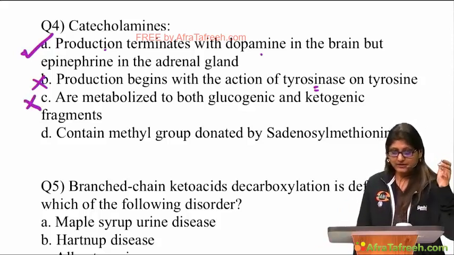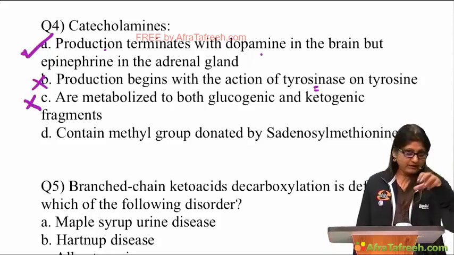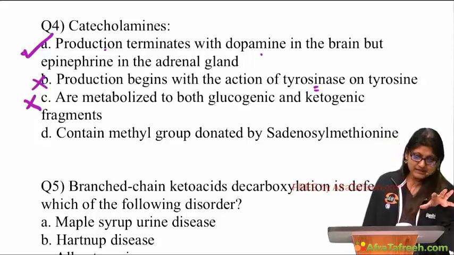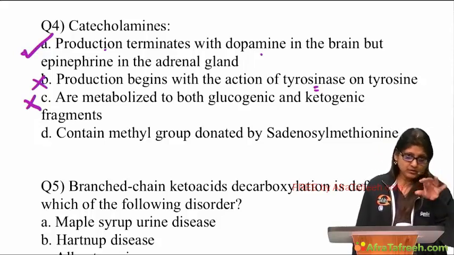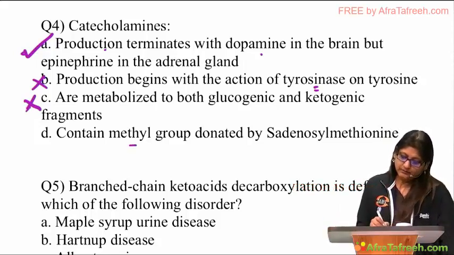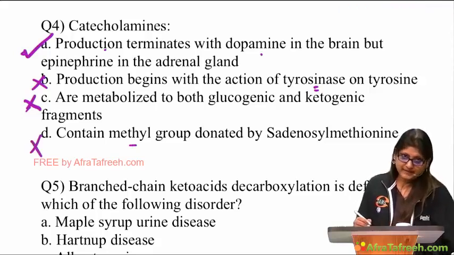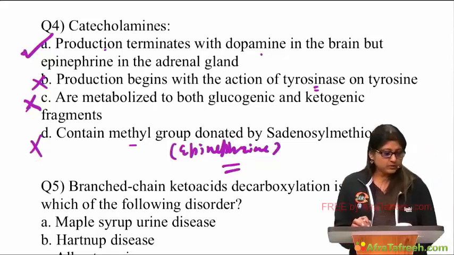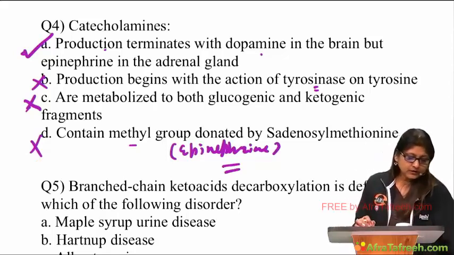Tyrosine is metabolized to gluco and ketogenic compounds, but catecholamines are converted to VMA, vanillyl mandelic acid, which is a waste compound, neither glucogenic nor ketogenic. So this statement is wrong. Next, contain a methyl group donated by S-adenosyl methionine. Not all catecholamines contain a methyl group from SAM. It is only epinephrine which contains the methyl group. Okay, very good.